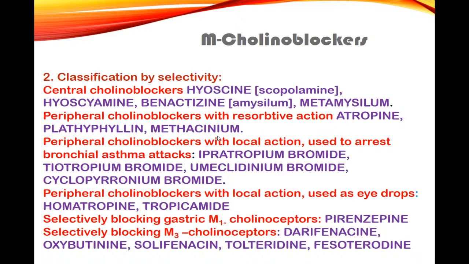These agents can be used for influence on different organs and also in the form of eye drops. Homatropine and tropicamide are used only as eye drops. Exactly these two agents have shorter action duration. The shortest is tropicamide, action duration approximately 6 hours. Homatropine, 24 hours.